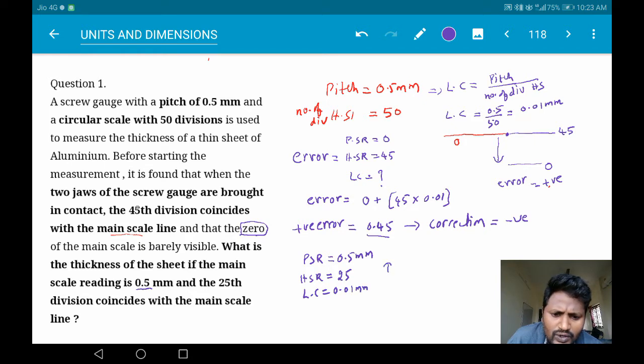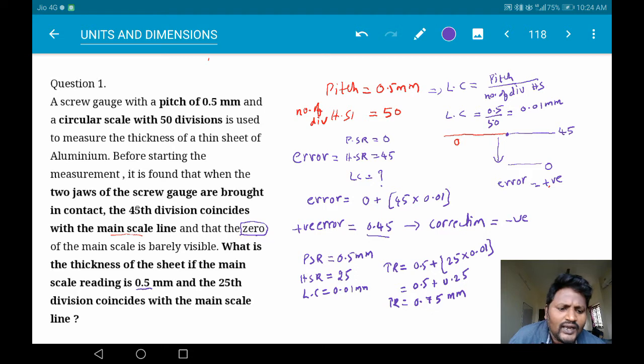So reading is PSR 0.5 plus HSR 25 into 0.01. So 0.5 plus 0.25. So 0.75 mm is the reading with error.